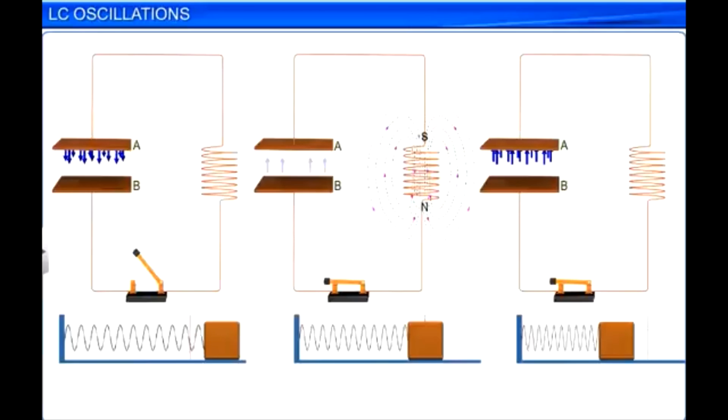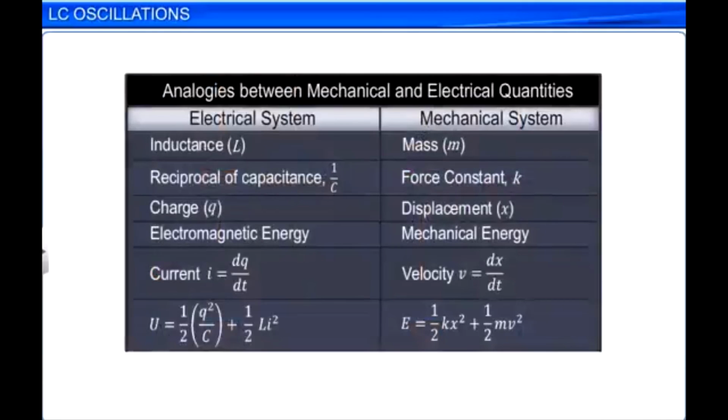However, in a practical situation, this is not true. Actually, the inductor also has some resistance, which leads to the damping of these oscillations. Similarly, neglecting the radiations emitted by the system also renders this analysis quite unrealistic. From our discussion of LC oscillations, we can draw the following analogies between a mechanical and an electrical system.